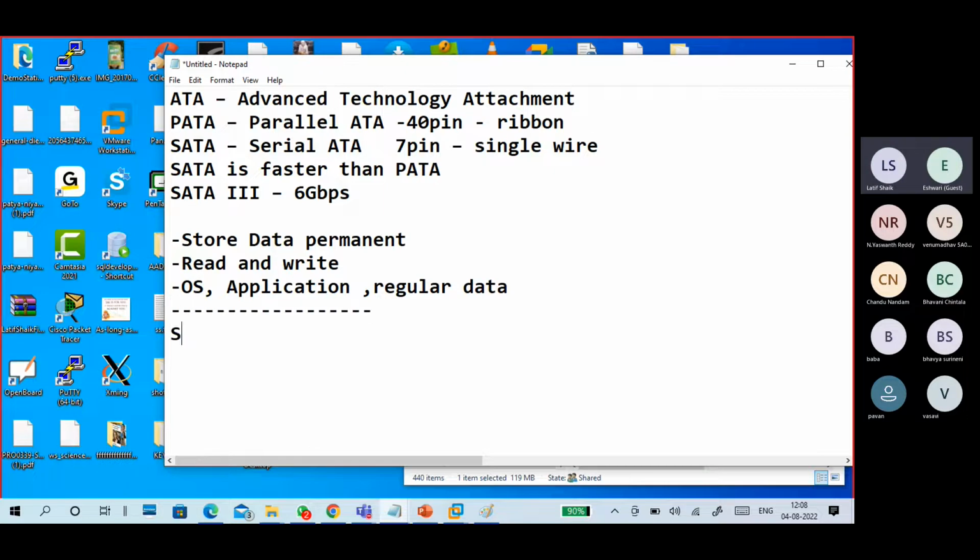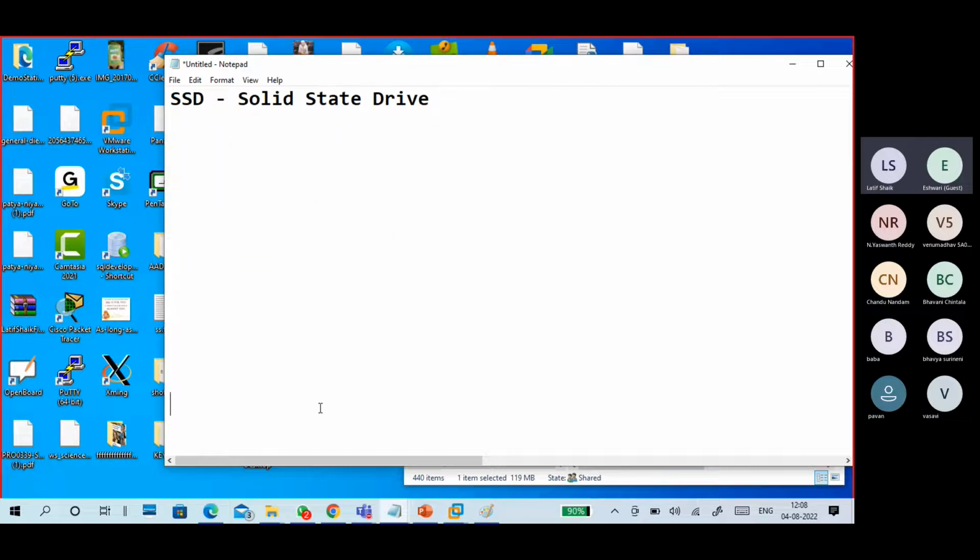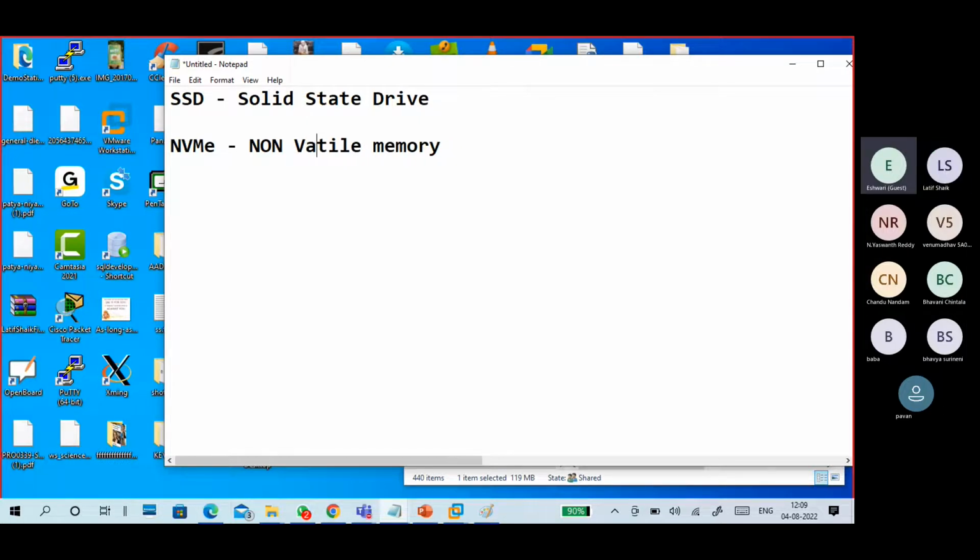Next, SSD, solid state drive. It is an NVMe type, non-volatile memory.